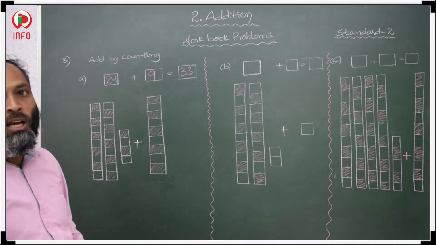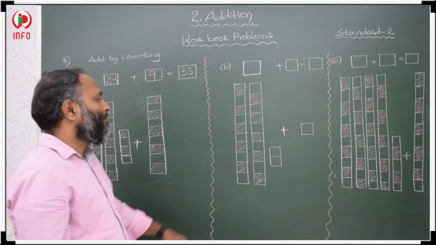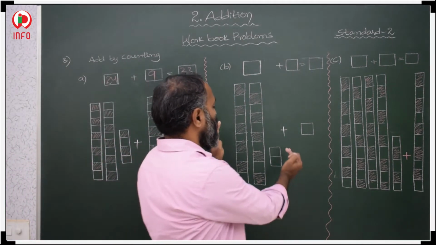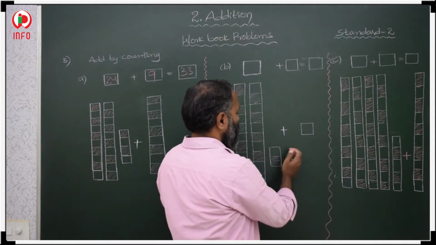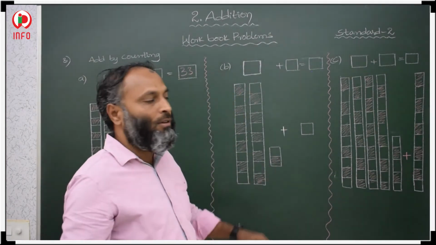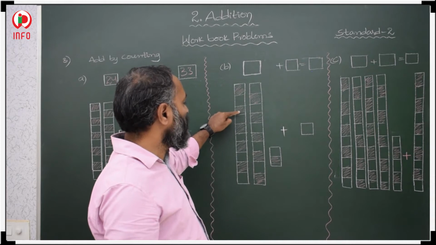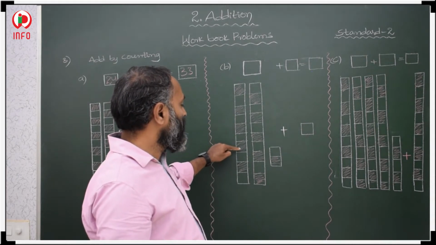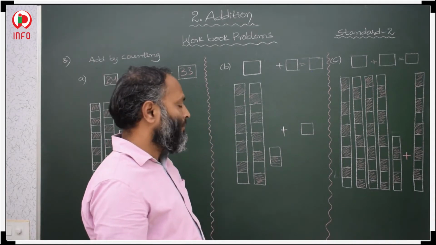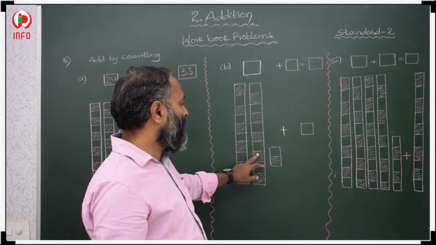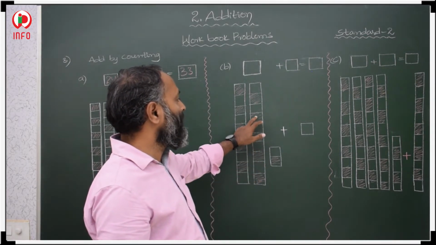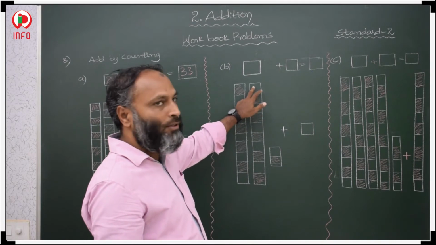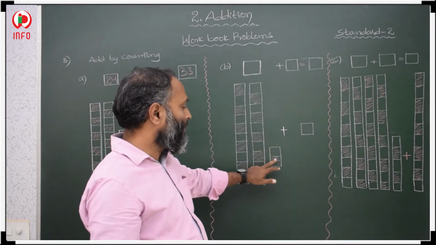So here also, this is our first set. How many boxes were there in this first set? We have to count first: 1, 2, 3, 4, 5, 6, 7, 8, 9, 10, 11, 12, 13, 14, 15, 16, 17, 18, 19, 20, 21, 22.